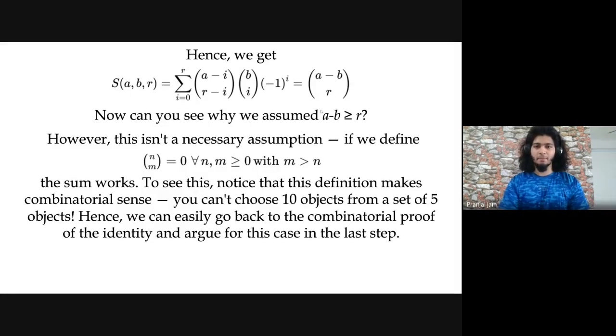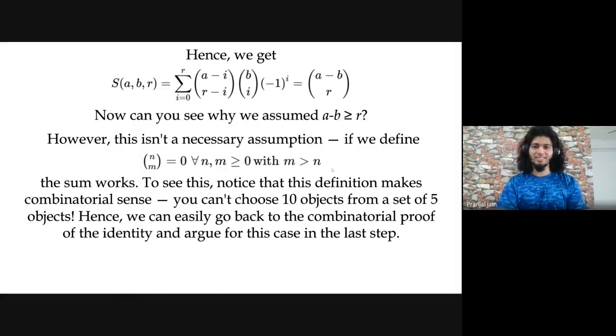But then, of course, you may say that this is just a definition. So if I just define the binomial coefficients in a different way, that doesn't change the value of S of ABR. So how do I justify the fact that this changing of definition doesn't change the sum itself?